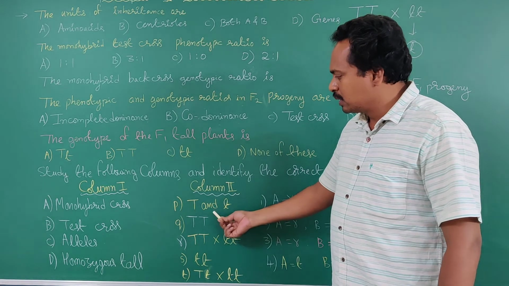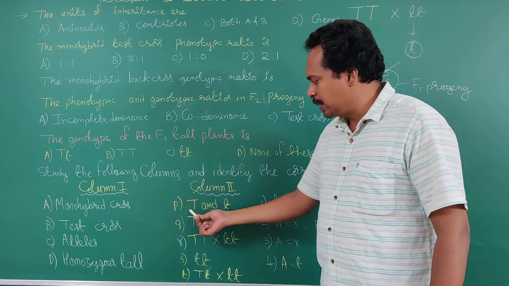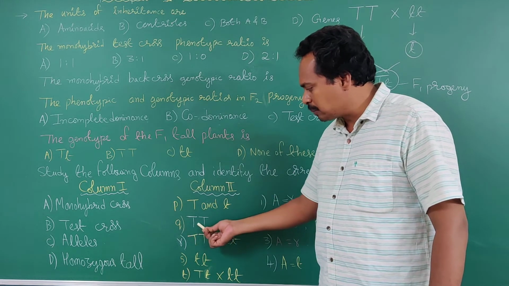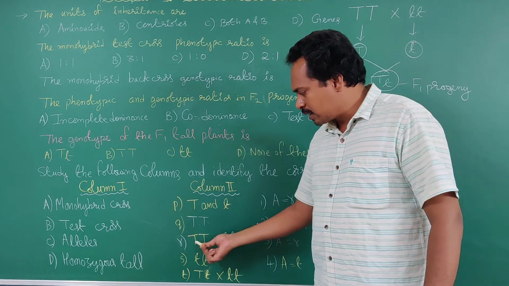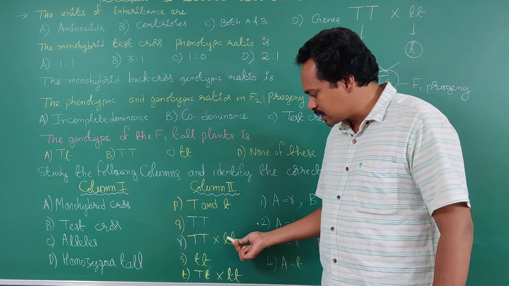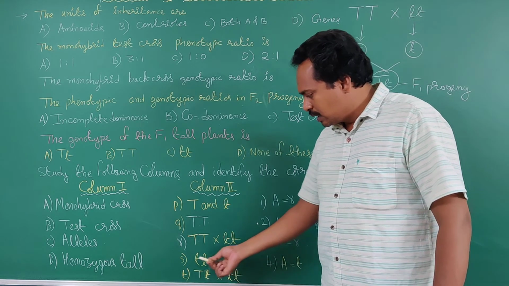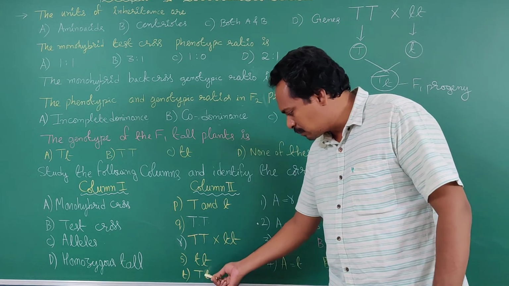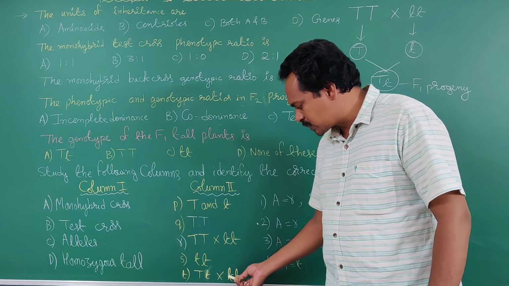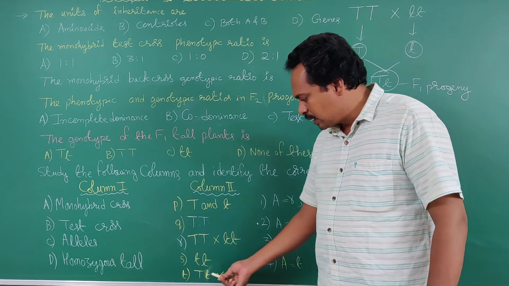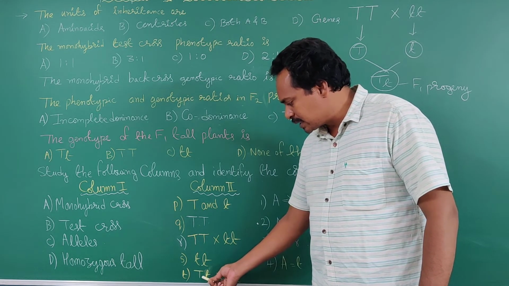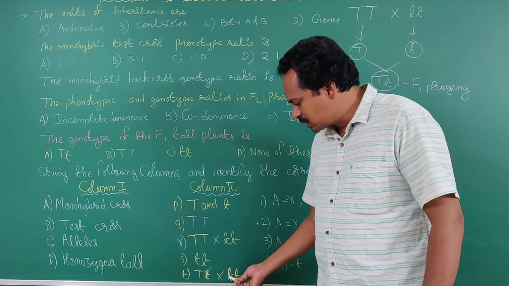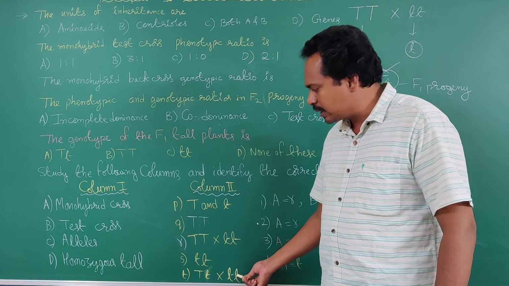Column 2: P capital T and small t, Q capital T capital T, R capital T capital T cross small t small t, S small t small t, T capital T small t cross small t small t. Heterozygous tall plant F1 progeny crossed with a homozygous recessive parental plant.